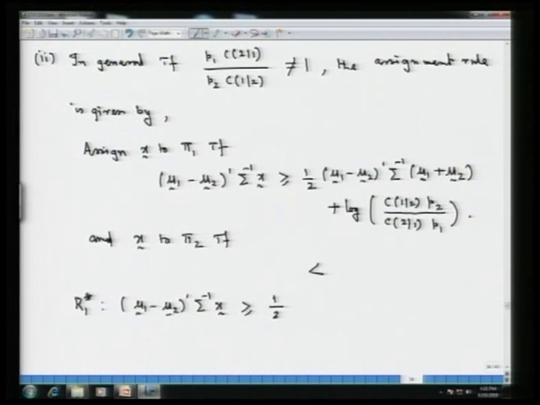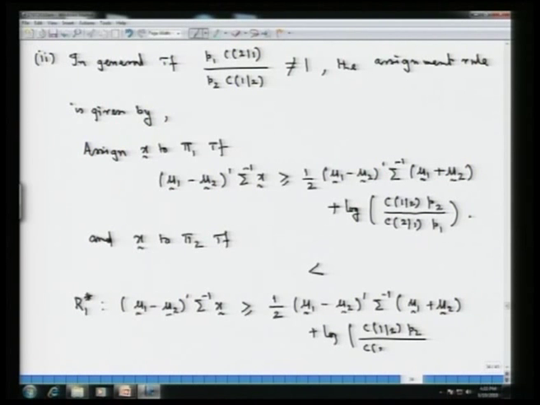So, it is the region of all x's for which the left hand side here is greater than or equal to the right hand side, mu 1 plus mu 2, this plus log of this C 1 given 2 divided by C 1 times, and R 2 star, the region for assignment to the second population, would just be given by this less than this particular term, right.